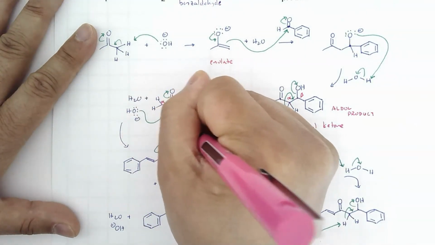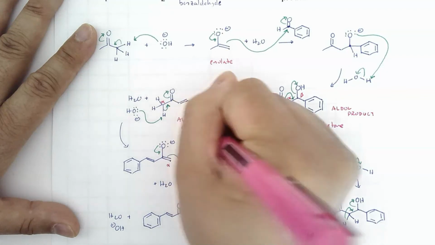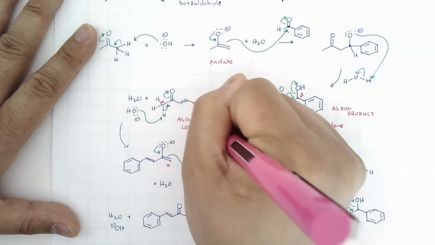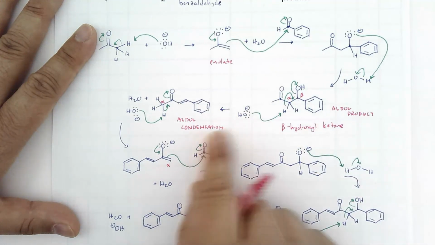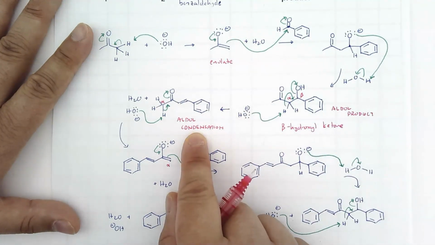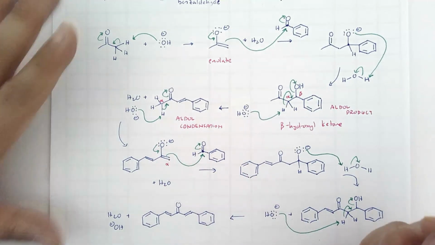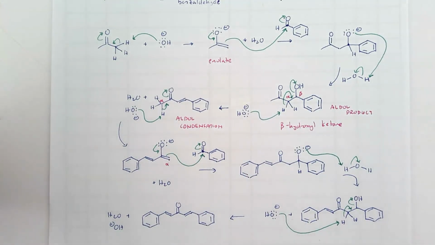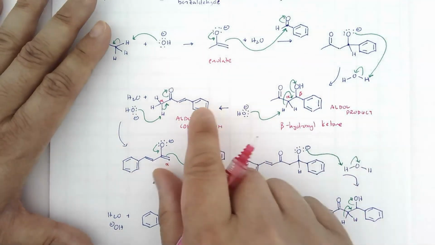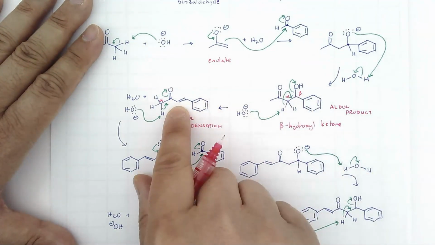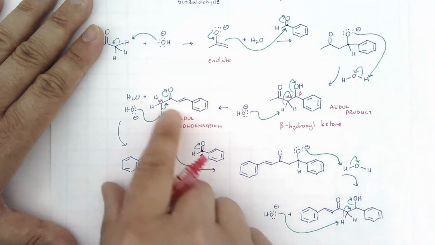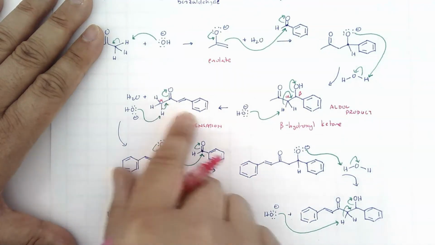Now, you might have been taught that to push the aldol to dehydrate, to go from the aldol product to the aldol condensation, you want to add heat. Actually, in this reaction, we don't need heat because the driving force to lose this OH to make a double bond is so large because we get a very stable conjugated product.